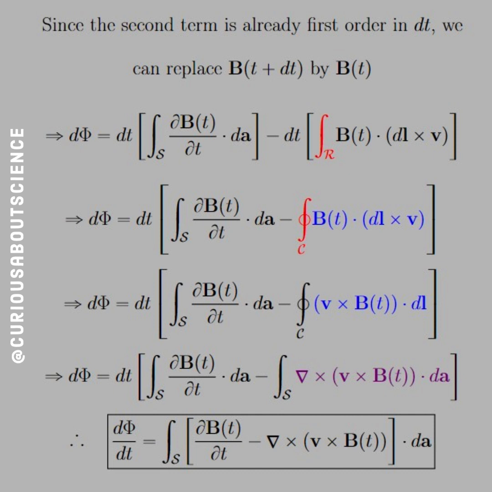And we can see that the change of flux with respect to time is equal to everything on the S, partial B of t over partial t minus the curl of v cross B of t, dot dA. Alright, that's actually pretty cool. But be aware that the vector identities will come into play as we move things through. With these movements, you've got to use the theorems and vector identities. They're going to get messy, but this one's fun.